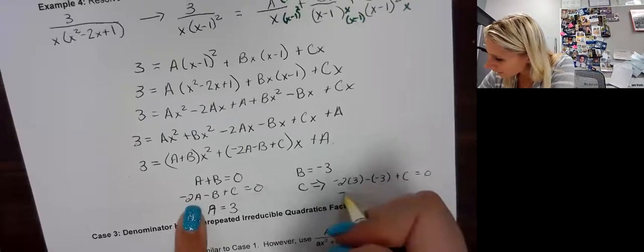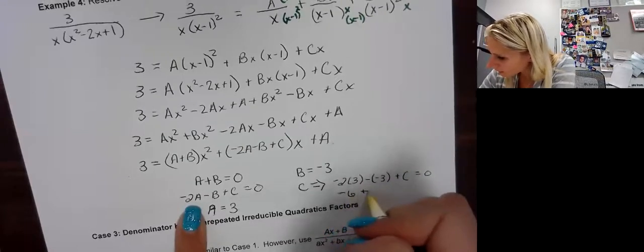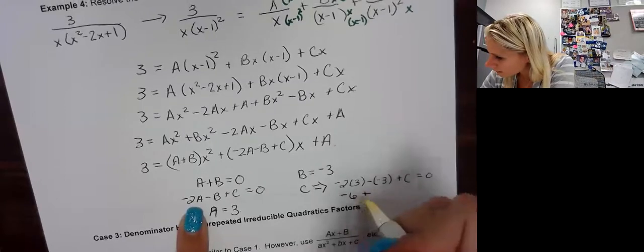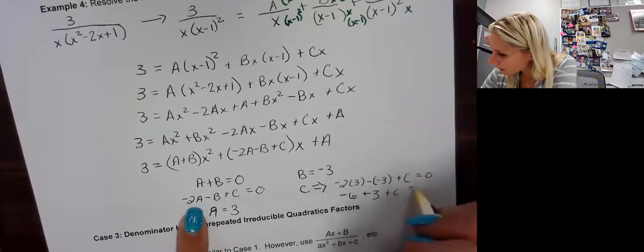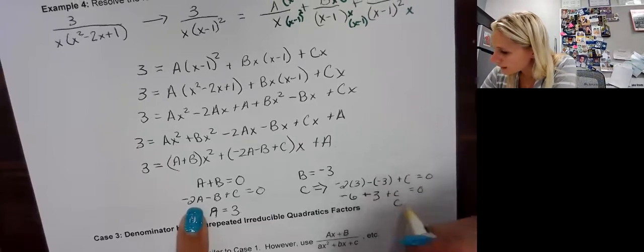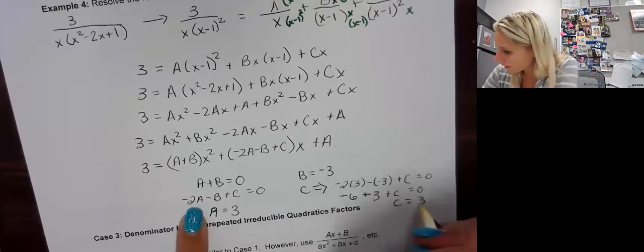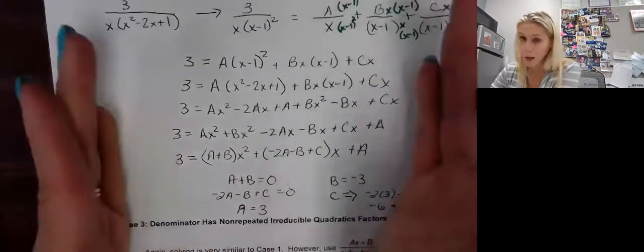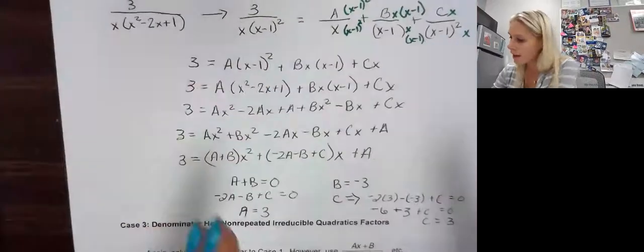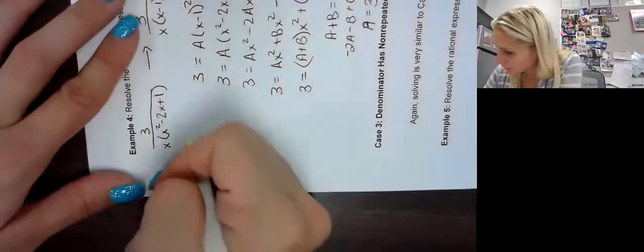So that's negative 6 plus 3, right? Plus 3 plus c equals 0. So c must be 3. Great. And of course, I left no room for my answer. Probably should have shifted this over and had my answer there. But you know what? I'm going to write it on the side so you guys can see.